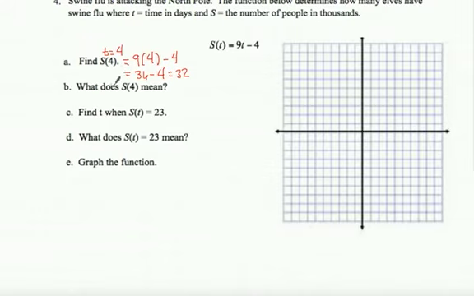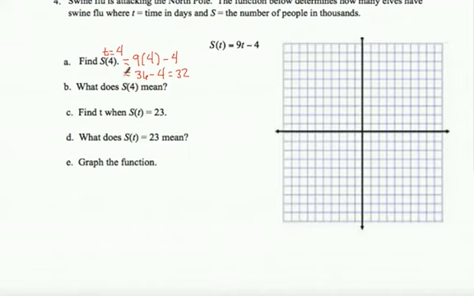So then B says, what does s of 4 mean? So what that means is I have plugged in 4 for t. t was the time in days. And s of t, or s, would be the number of people in thousands.